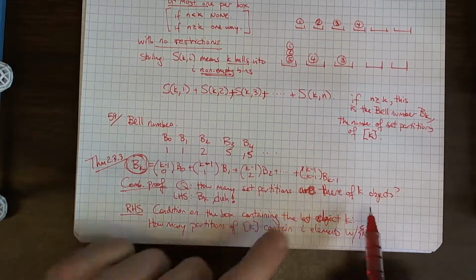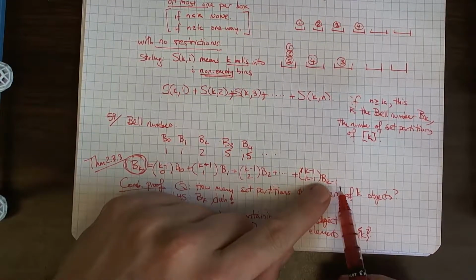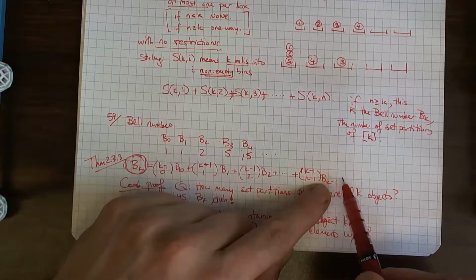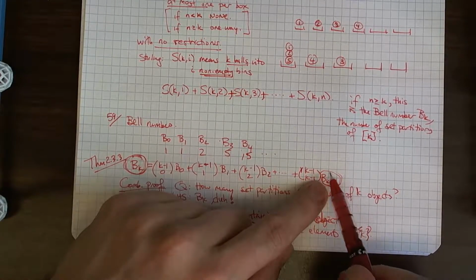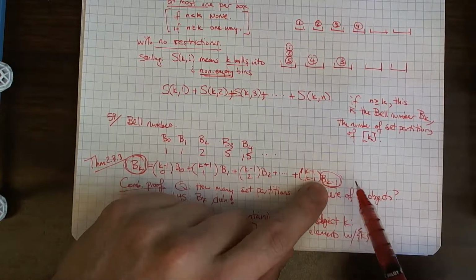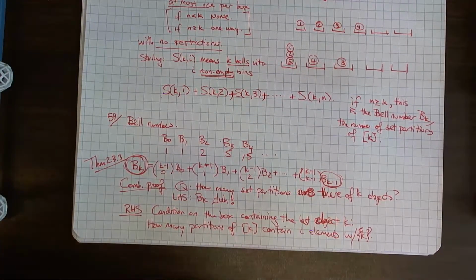So if k is all by itself, you are choosing the ways to, give me 1 second.